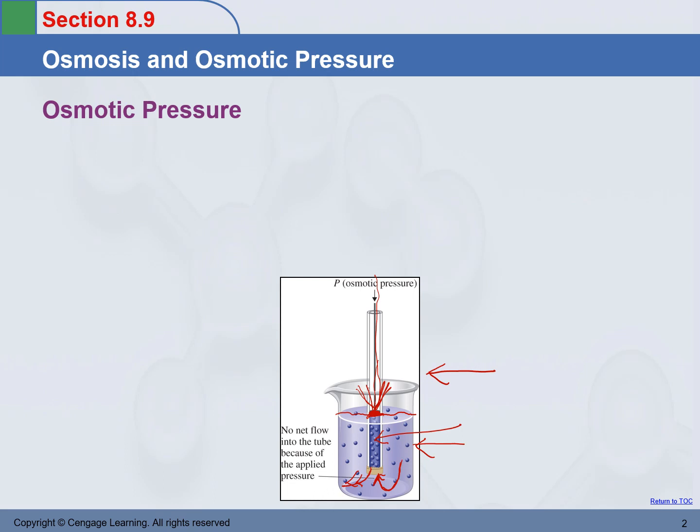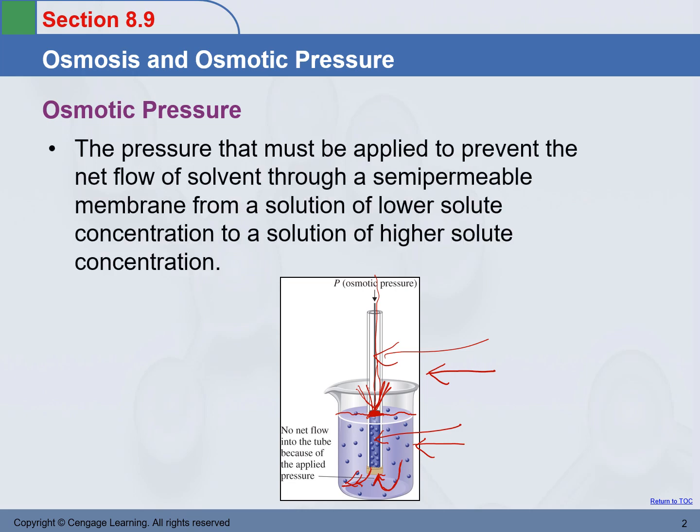So basically, that pressure required is called osmotic pressure. Osmotic pressure is the pressure required to stop the osmosis from happening for a solution. The pressure must be applied to prevent the net flow of solvent through a semi-permeable membrane from a solution of lower concentration to a solution of higher concentration.